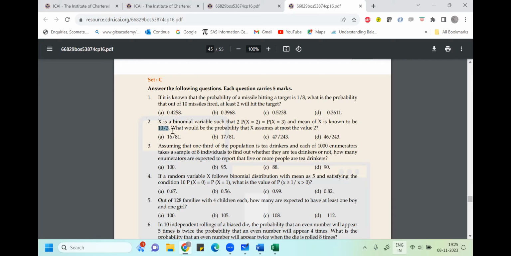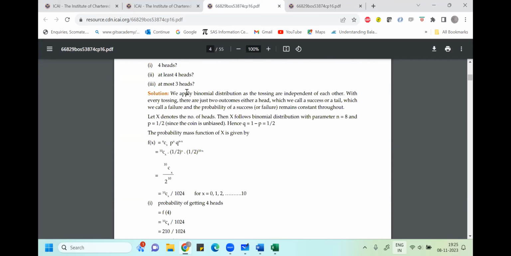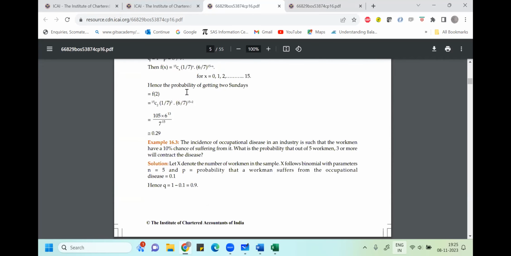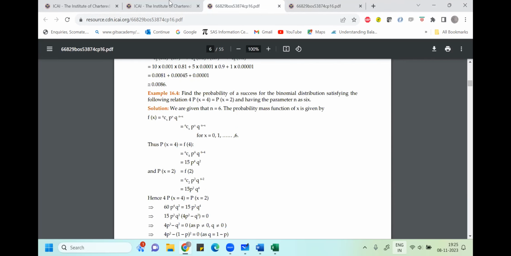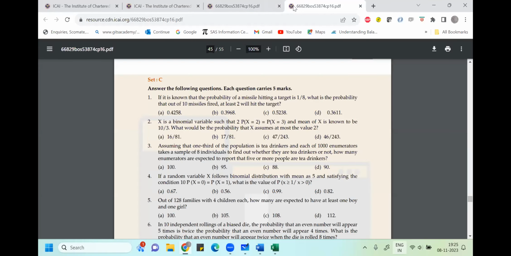Anyone know how to do this, or should I do this question number 2? And the solved example is also like that. Yes, 16.4. You want to try or should I do this problem? Please reply everyone.